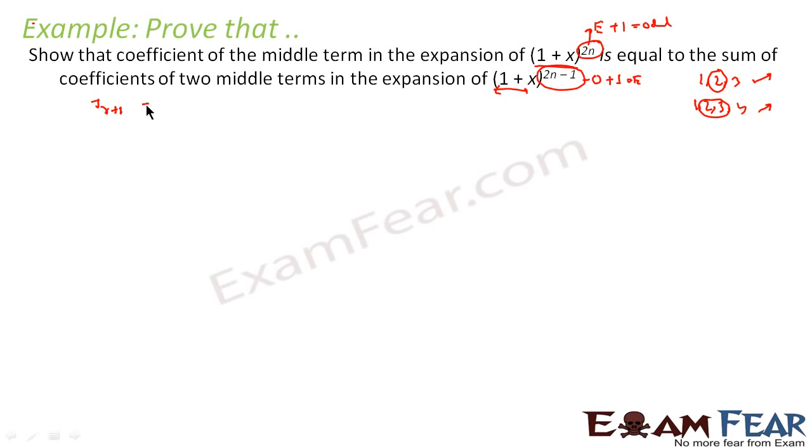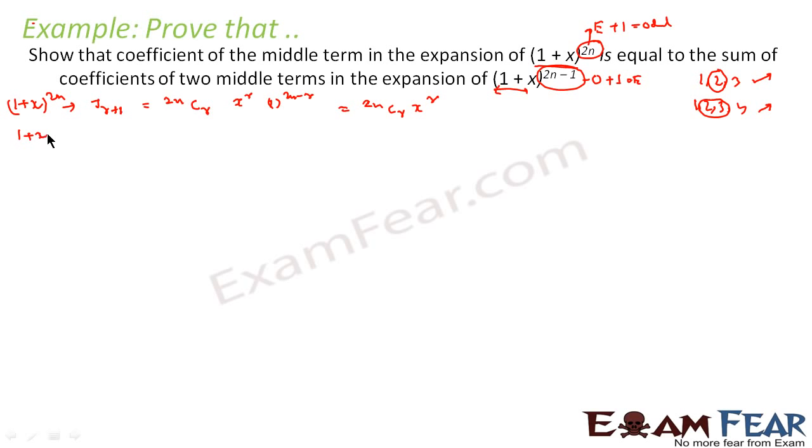It will be of the form 2n C r x to the power r times 1 to the power 2n minus r. 1 to the power anything is 1, so this becomes 2n C r x to the power r. This is for (1 plus x) to the power 2n.